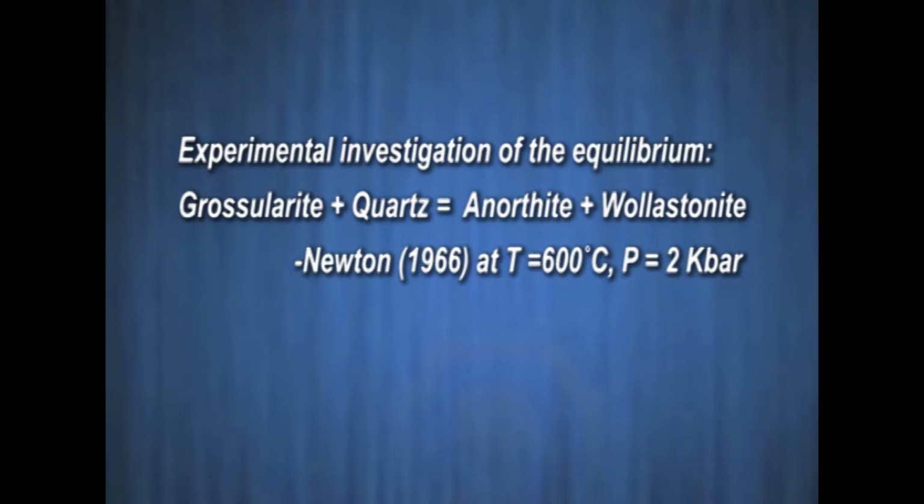This reaction was carried out by Newton in 1966 at a temperature of 600 degrees centigrade and a pressure of nearly 2 kilobar. It supports the possibility that in the pyroxene hornfels facies, the stable assemblage of pure phases is anorthite plus wollastonite, and grossularite plus quartz is no more stable.